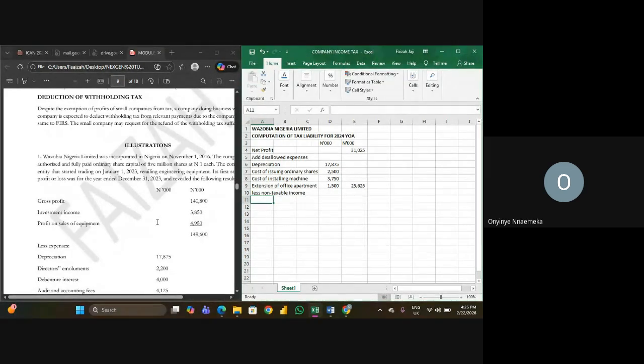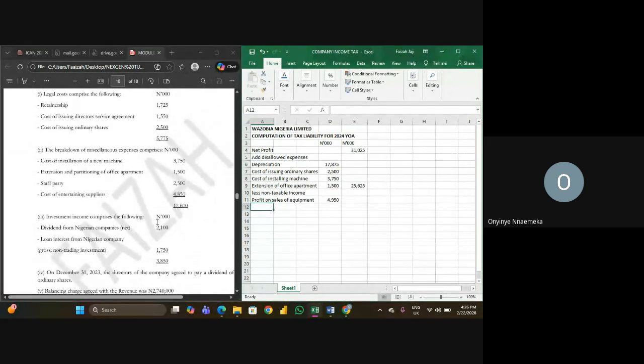So under company income tax, we see it as capital income that has nothing to do with the company's normal income. So we have profit on sales of equipment, 4,950.